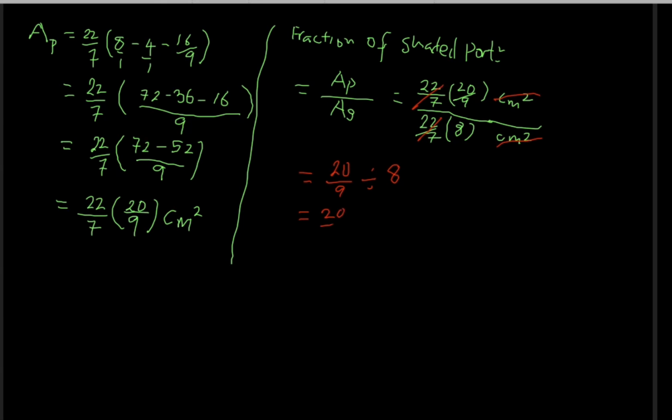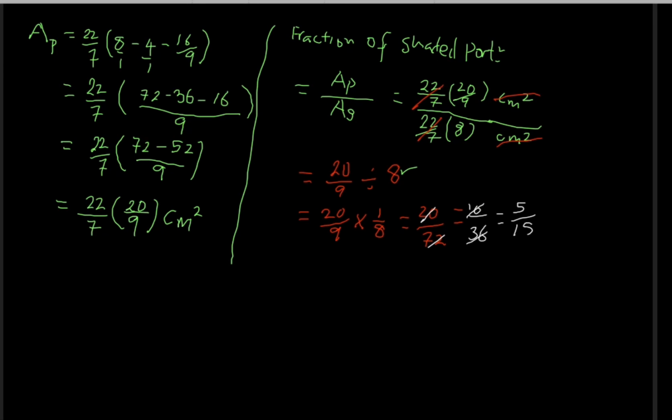The logic of this division is that we take the reciprocal of this and multiply. What's the reciprocal of 8? 1/8. We have 20/72. Then we can divide by 2 here: 10, 2 here: 36, and 2 here: 5 and 18.